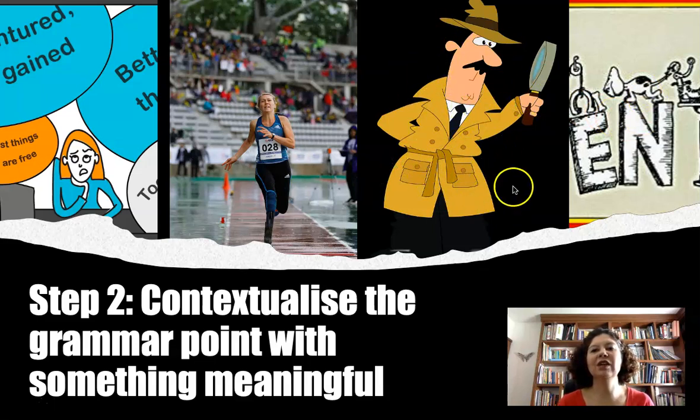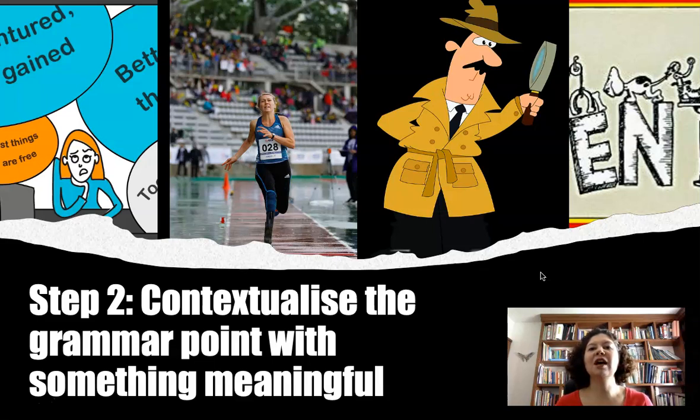The detective. Maybe for this picture we can use must, because he's trying to investigate what happened. There was a crime. Well, maybe the owner of the house who was killed or who was kidnapped, well, she must have left the door open, okay?